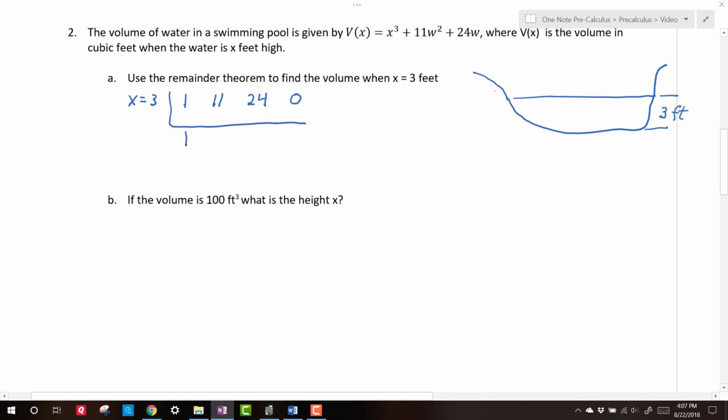Here we go, drop down the 1, 3 times 1 is 3, add them up, you get 14, 3 times 14 is 42, add them up, you get 66, 3 times 66 is 198. And so this tells me that I have 198 cubic feet of water.